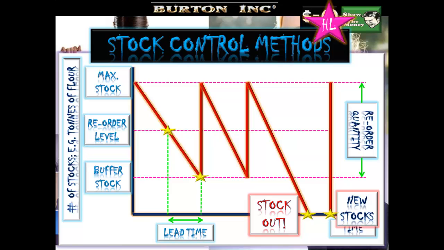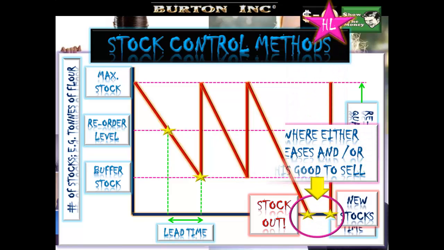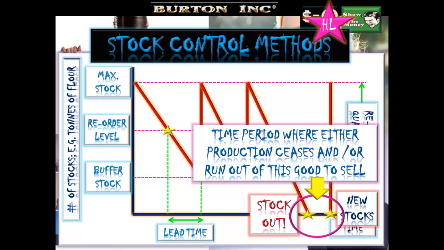And there may in fact be penalty payments here as well, which are going to be an added cost of being faced with the stock out. So this is a time period where either production ceases and or we run out of this good to sell. That's a definition for stock out.